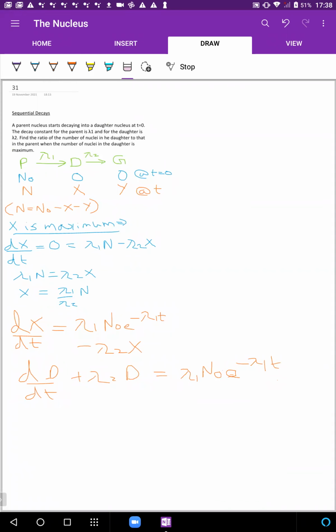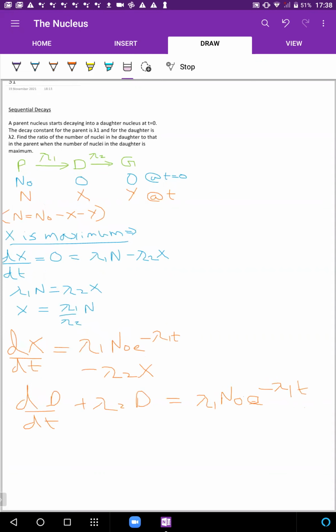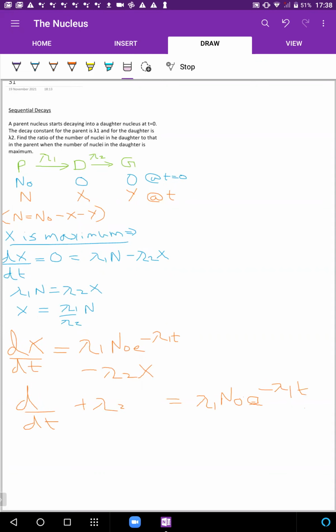And then she multiplied both sides with e raised to lambda 2t.